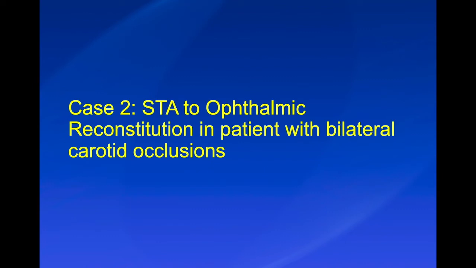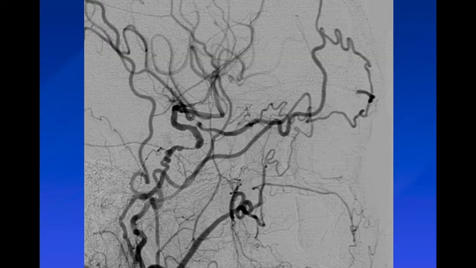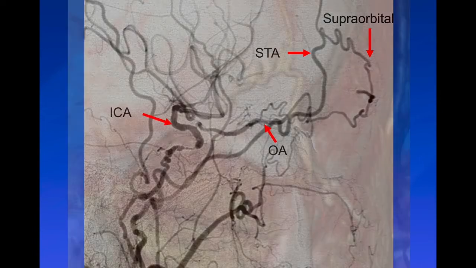So here's another case of superficial temporal artery to ophthalmic artery reconstitution in a patient with bilateral carotid occlusions. So here we can see this is an ECA injection, and on the ECA injection we do get filling of the distal internal carotid artery and the ophthalmic artery, and here you see the superficial temporal artery to the supraorbital artery going to the ophthalmic artery and then the ICA.